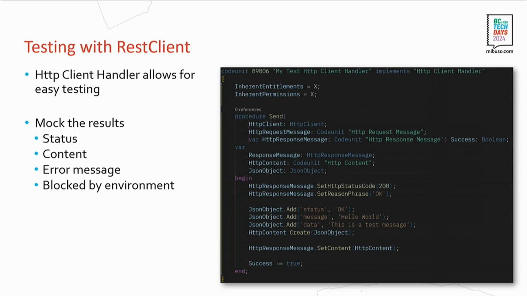And instead of making the call, doing HTTP client.send, I just set the status code, the response phrase, the JSON object that I want to pass in, and say success is true. So I've completely faked the response. This way, I could say this is a positive one, maybe I want to have a negative one as well. How does my code react to a status 404 or to an object that is invalid or whatever?